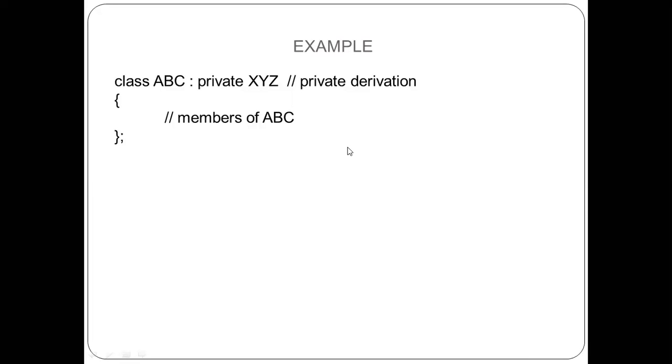If I say XYZ is my base class, and I want to acquire that property into ABC, and it is derived with private as the visibility mode, then it is not mandatory that every time we acquire all the properties. We need to have some limitation.